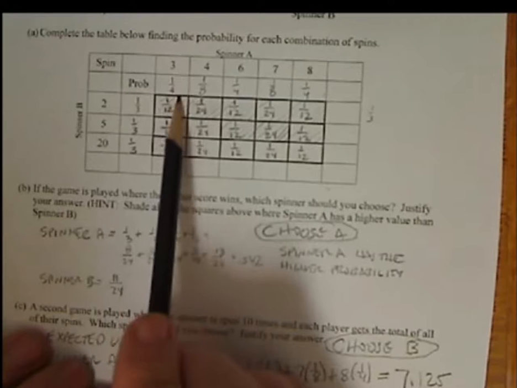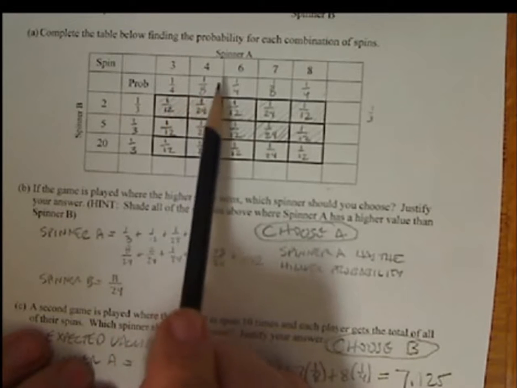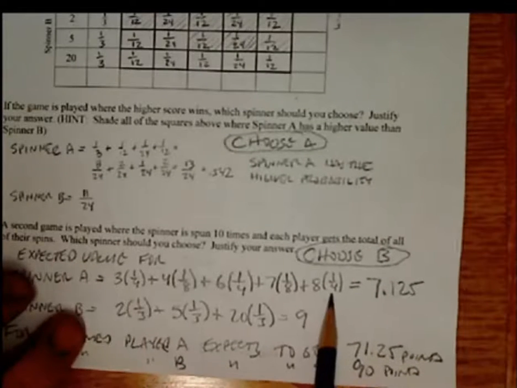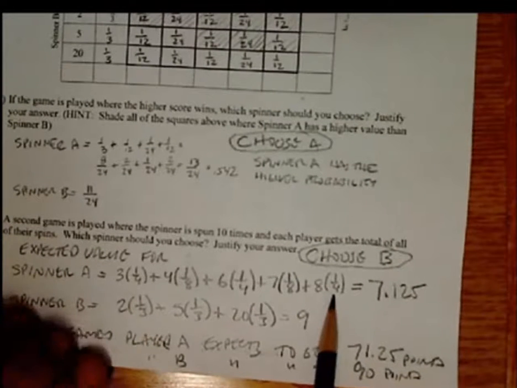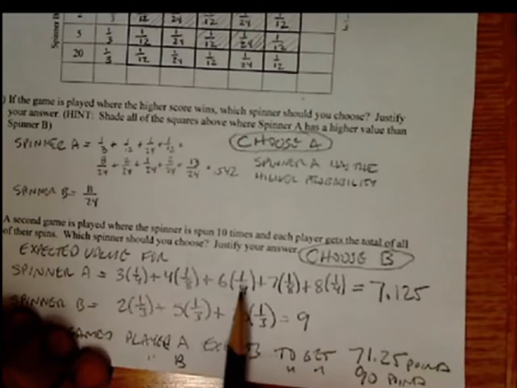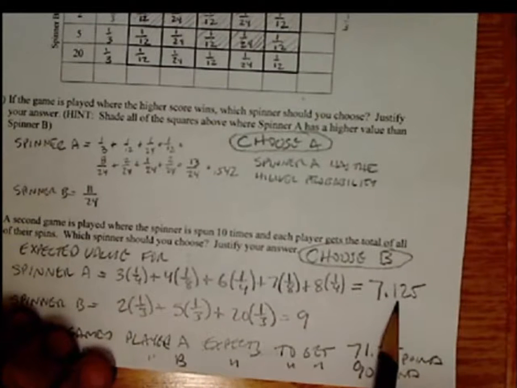So it's 3 times 1/4, 4 times 1/8, 6 times 1/4, 7 times 1/8, 8 times 1/4. That's what I have written right here. Just do that on your calculator. Basically, you get 3/4 plus 4/8 plus 6/4 plus 7/8 plus 8/4. You get 7.125.